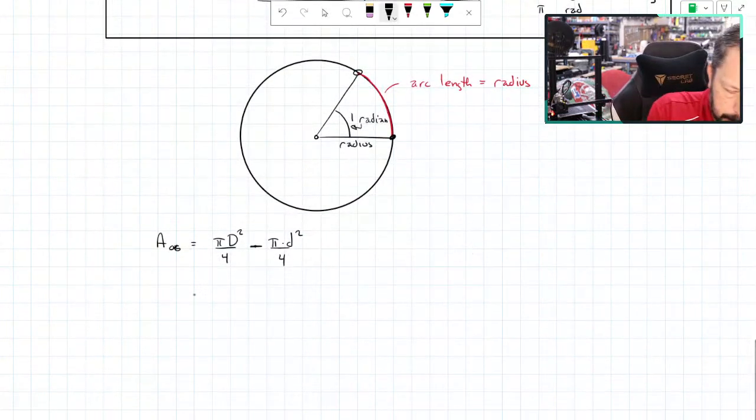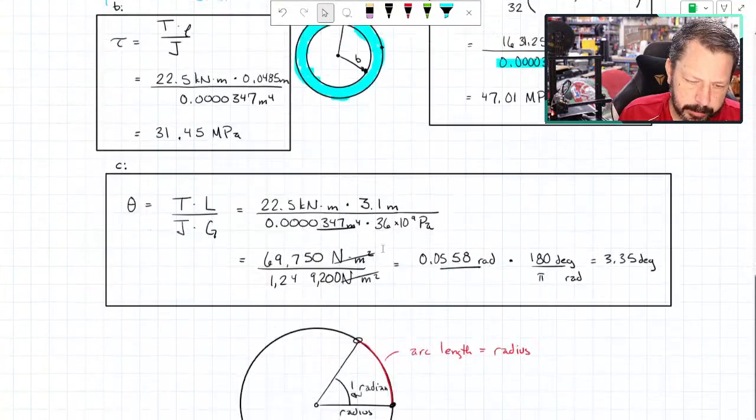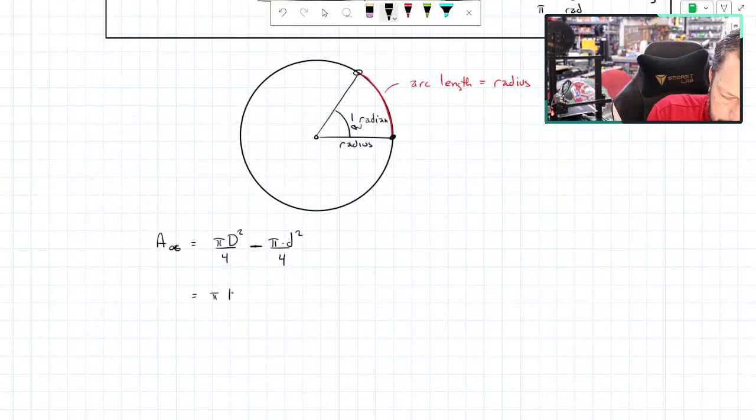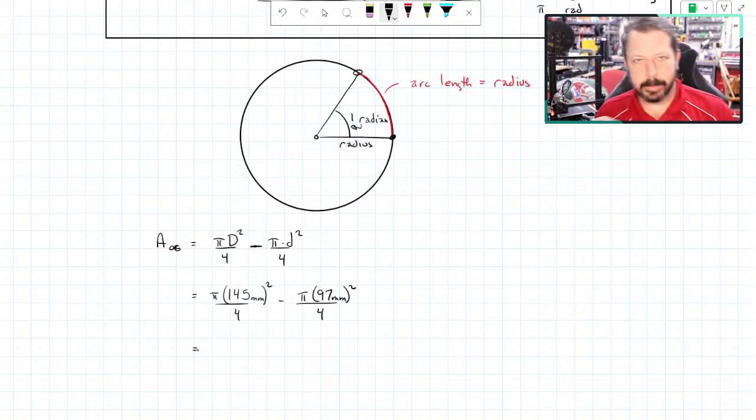So our numbers: outer diameter was 145. I'm not going to worry about converting to meters for this. Pi D squared over 4 minus pi, I think it was 97 squared over 4. This will be the total area that we have.